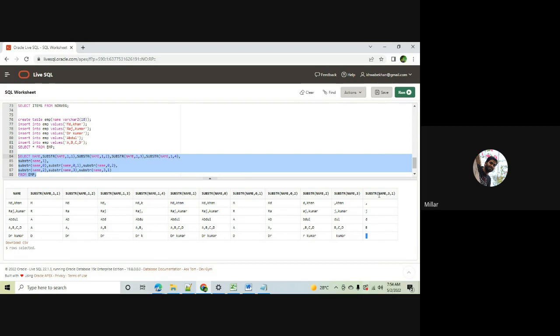One more thing to be executed. Write a query. Substr, bracket, name comma, with blanks, single quotes, and comma one. What will be the result? We want to check it. Instead of three, you just put a single quote.